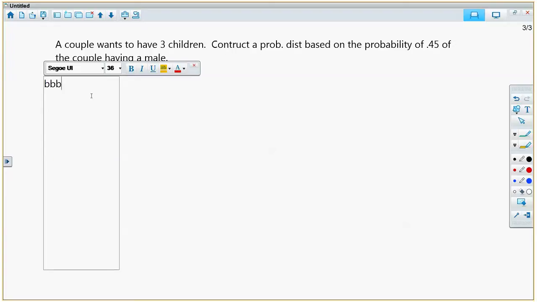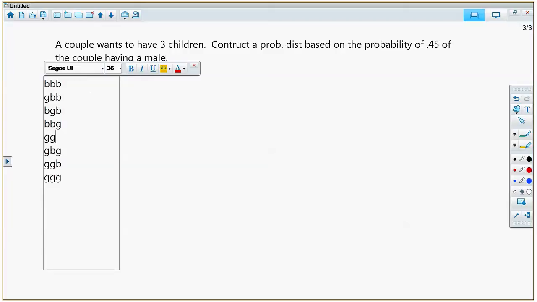Boy, boy, boy. Girl, boy, boy. Boy, girl, boy. Boy, boy, girl. Girl, girl, girl. I have to do it this way. Don't laugh at me. Don't judge. Girl, girl, boy. Girl, boy, girl.